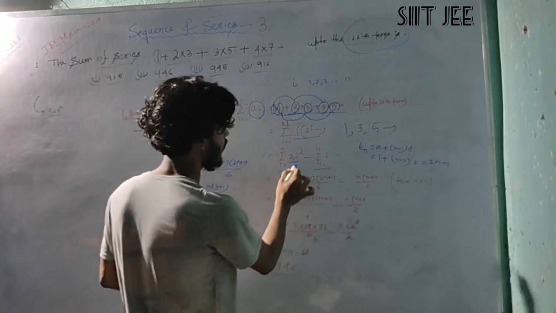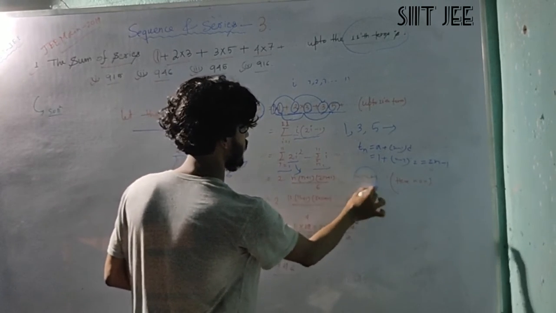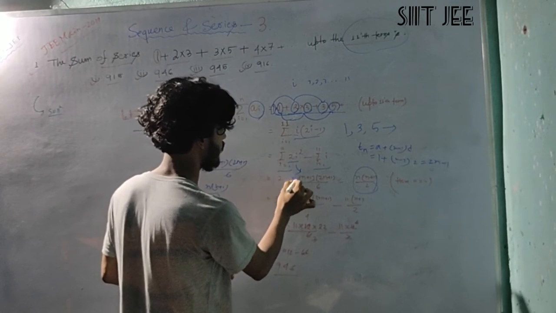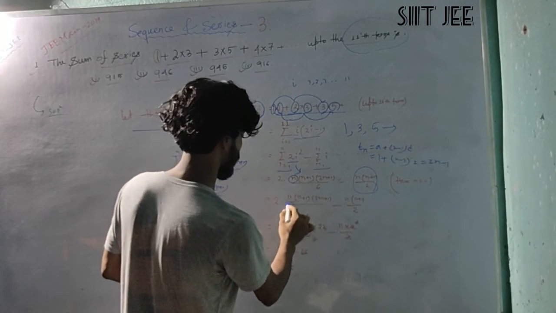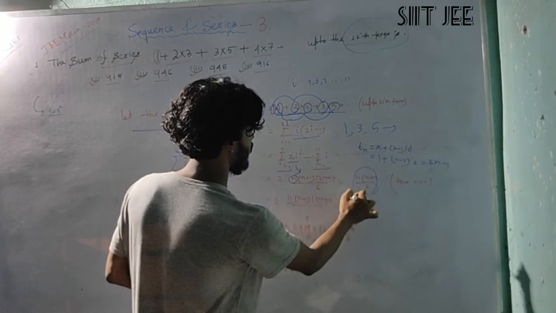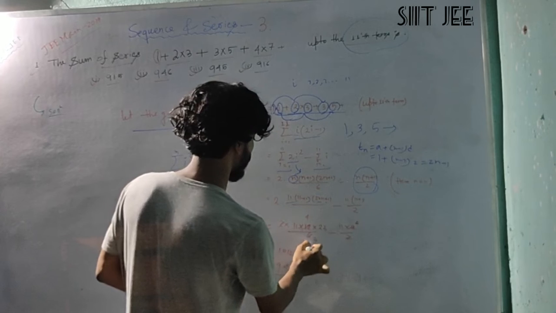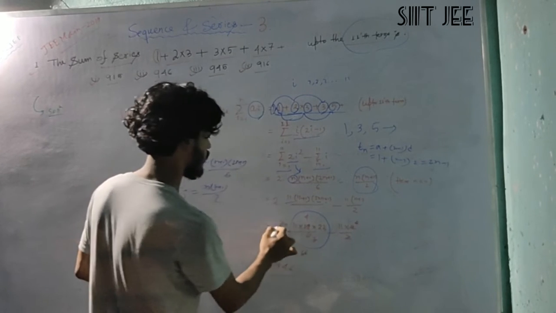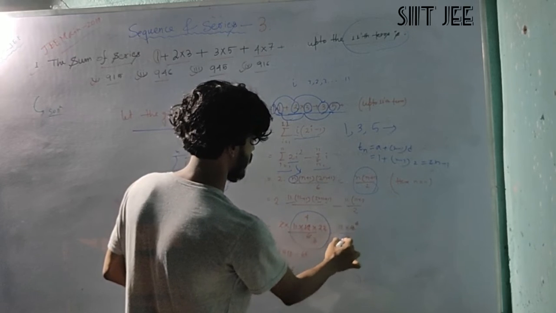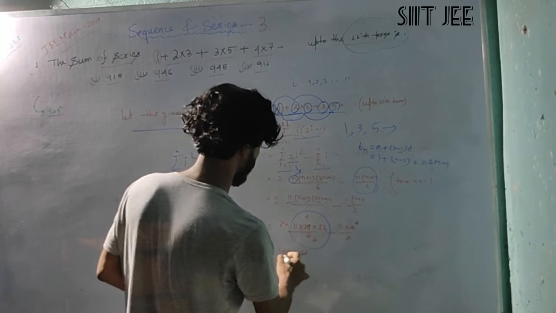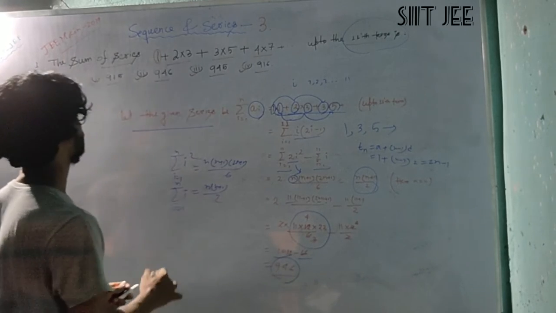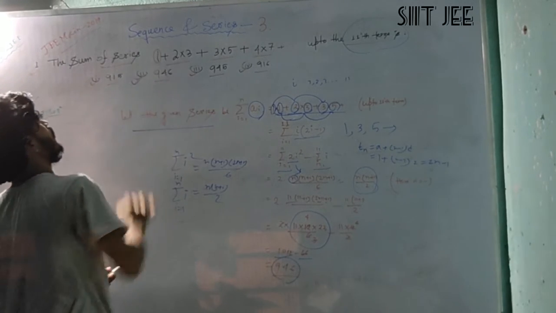Now applying this formula here, we place 11 at n: 11 into 11 plus 1 into 2 times 11 plus 1 divided by 6, minus 11 into 11 plus 1 divided by 2. Solving this, cancelling, we get 2012 minus 66, and we have 946, and so the answer is option 2.